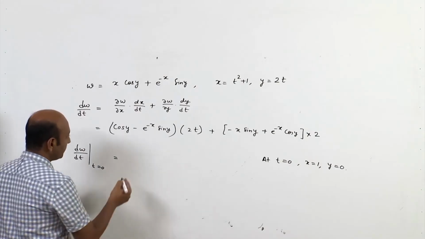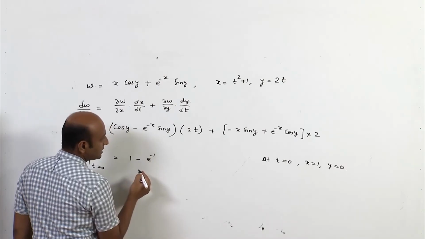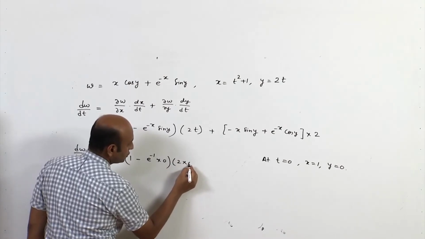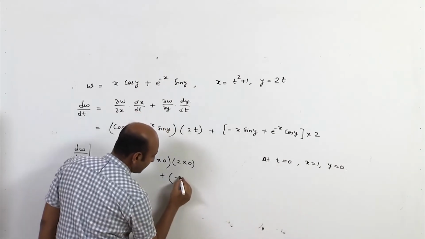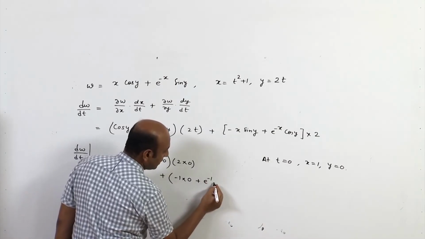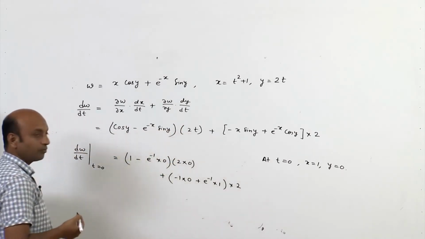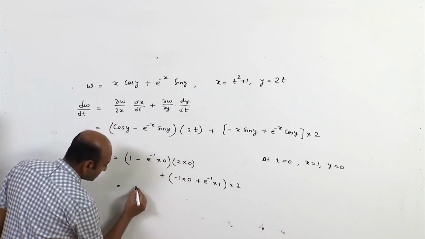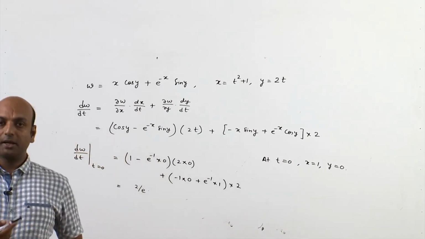So, cos 0 is 1, 1 minus e raised to power minus 1, sin 0 means 0, and 2 into t is 2 into 0, plus, x is 1, so it is minus 1 into sin 0, plus e raised to power minus 1 into cos 0 is 1, into 2. So, this is 0, this is 0. So, this is 2 upon e. So, that is how we can obtain this value.